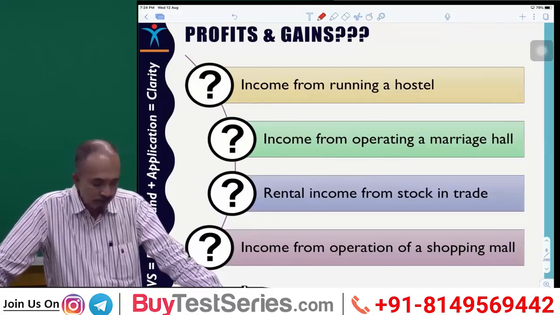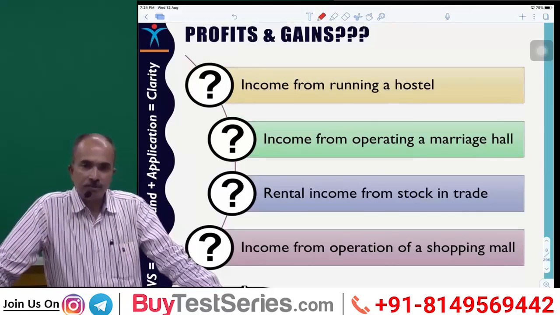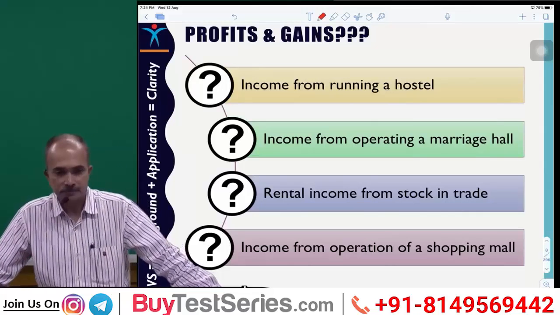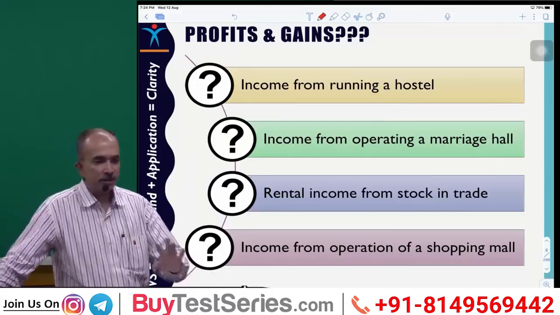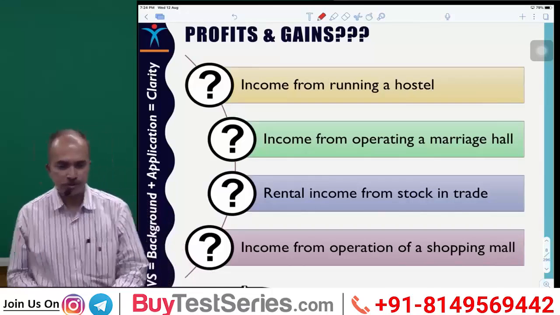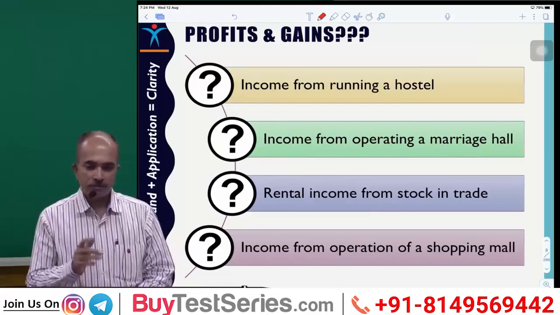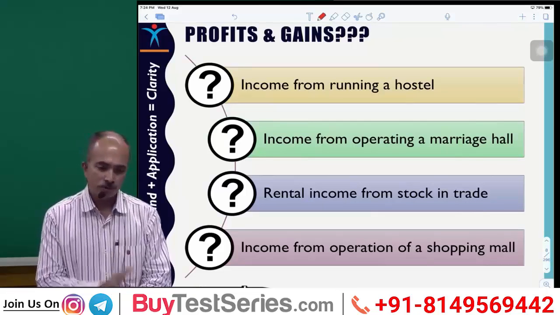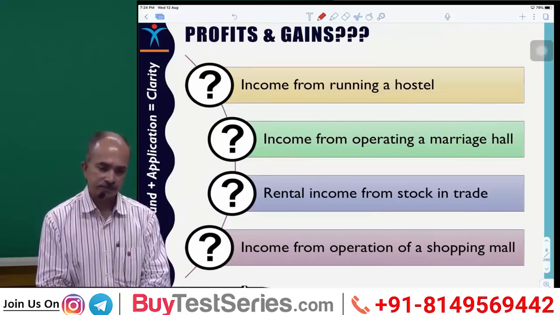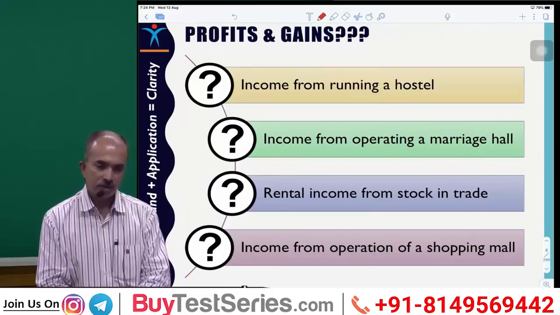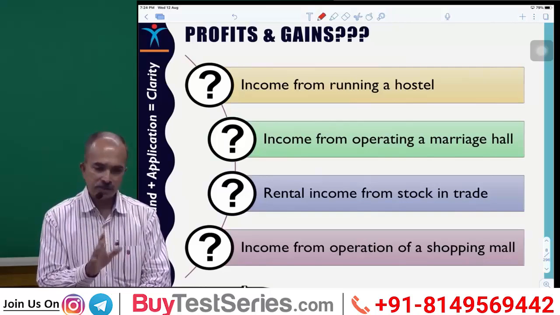Then we have a very interesting point, rental income from stock in trade. Let me explain. Real life situation. You are a builder. You launched a project of 200 flats. 160 flats were booked.